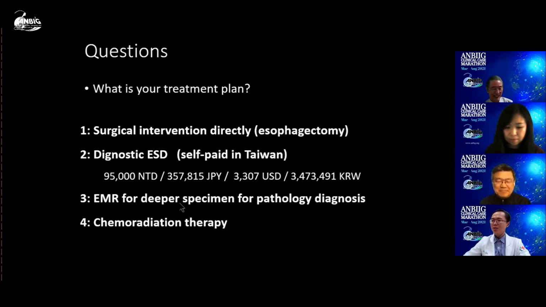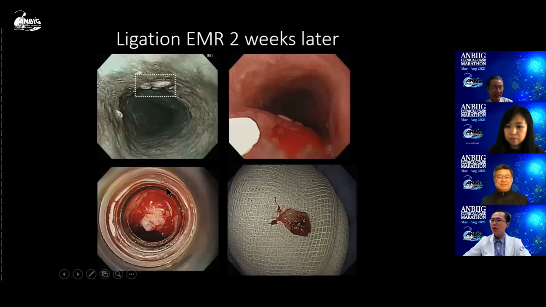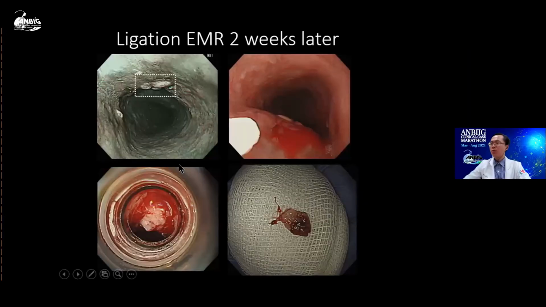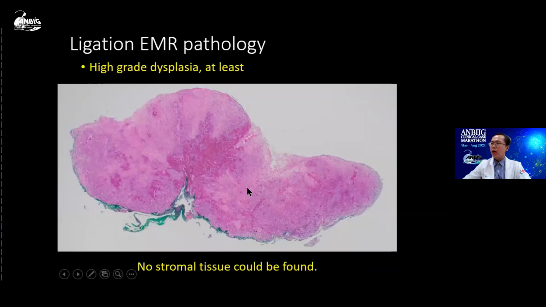Yes, I see. So after discussing with the patient, we decided to use EMR for deeper specimen. However, during the procedure, the elevation was not very good, so we could not grab much specimen. And the ligation EMR pathology only showed high-grade dysplasia again, because no stromal tissue could be found.